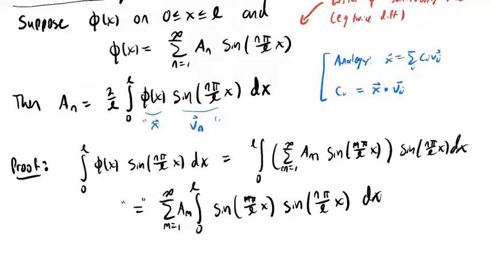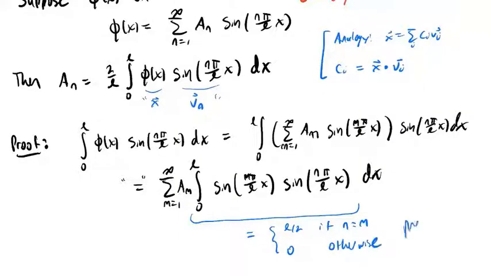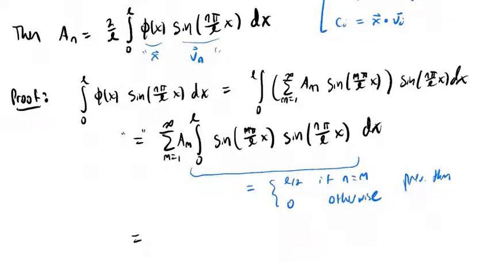Okay, but by the previous theorem, this integral is equal to L over 2 if n is equal to m and 0 otherwise. This is just the previous theorem. And so there's only one non-zero term here, and the only non-zero term is when m is equal to n. So this is now equal to an times L over 2.